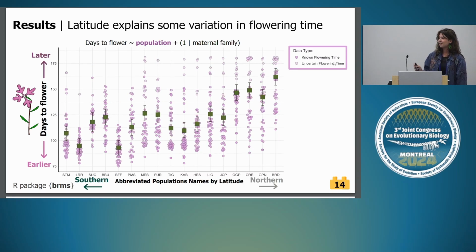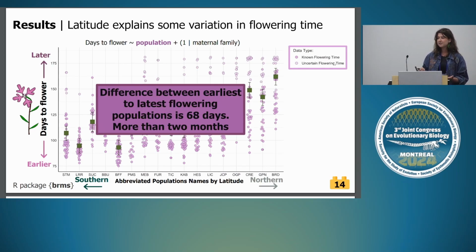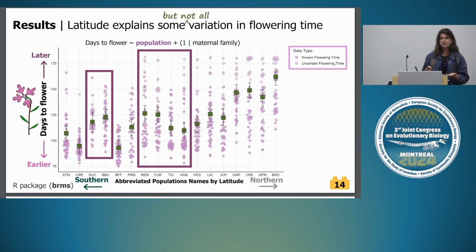And when we then look at latitude, where we now organize the populations with northern populations found closer to me, you'll see that they are flowering later. And these differences are about 68 days between the earliest and the latest population. And that's more than 2 months. So latitude is explaining some of the variation, but it's not explaining all of it.